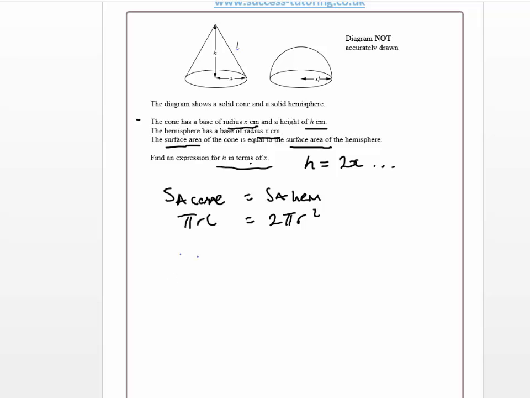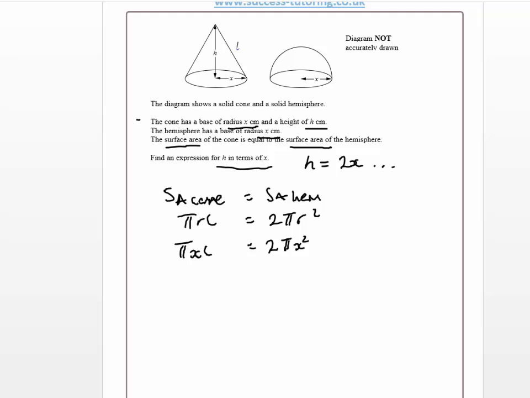We've got dimensions, let's plug those in. Pi, let's look at the surface area of the cone. We should know the base radius here is x, so r is x. We took that value from here. The same again for the hemisphere, the base radius is x, so replacing r squared with x squared.